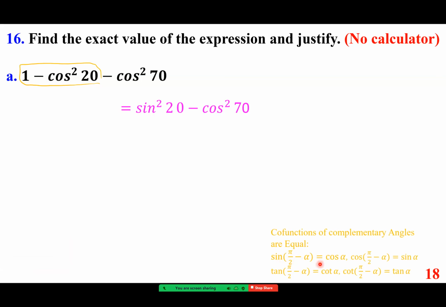Sine of pi over 2 minus alpha is cosine alpha, cosine of pi over 2 minus alpha is sine alpha, and so forth. We proved a couple of them, right? I hope you remember we proved those two. So cosine of 70 is the sine of 90 minus 70, or sine of 20. Therefore, I can replace this with cosine 70, or I can replace this with sine 70, and both of them are squared. They cancel each other. They give us 0.